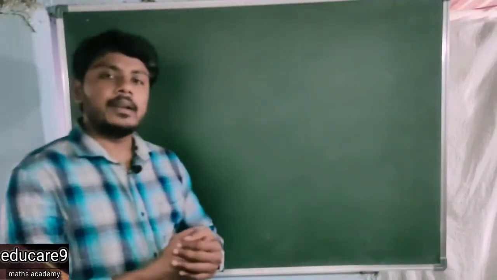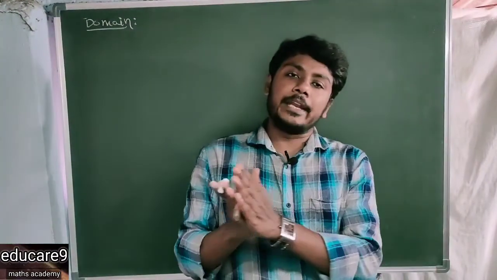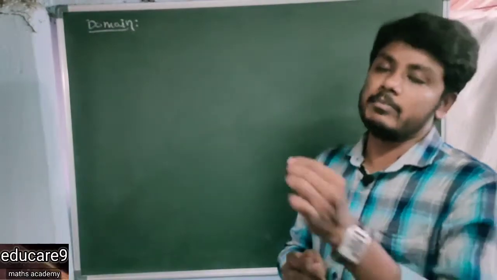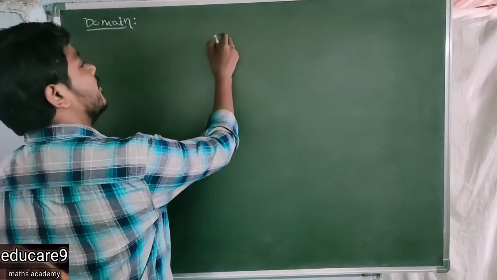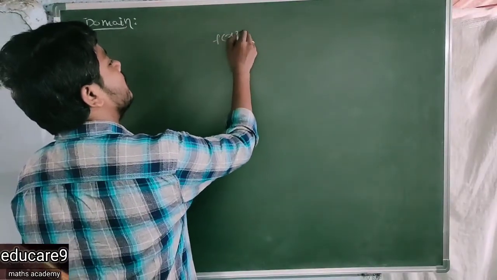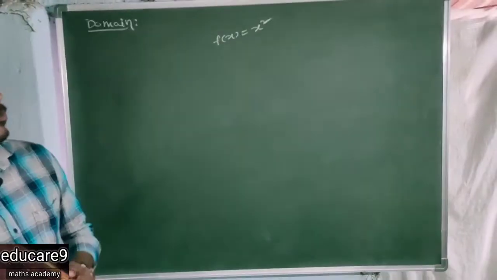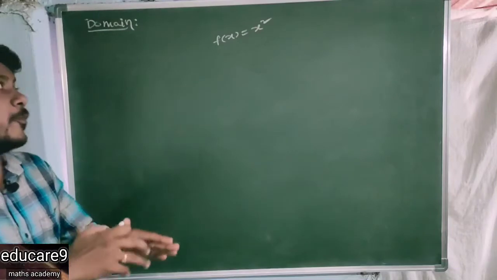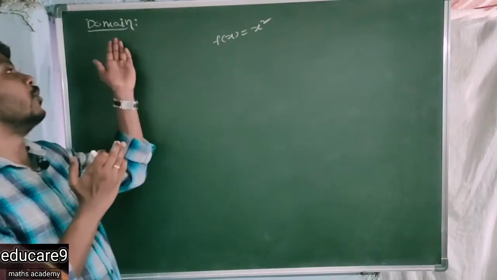So next one, domain. Domain means if f from A to B is any function, then A is called the domain and B is called the codomain. For example, f of x is equal to x square is a function. But what are the domain values in this function? If you put any values of x, all those x values are domain.